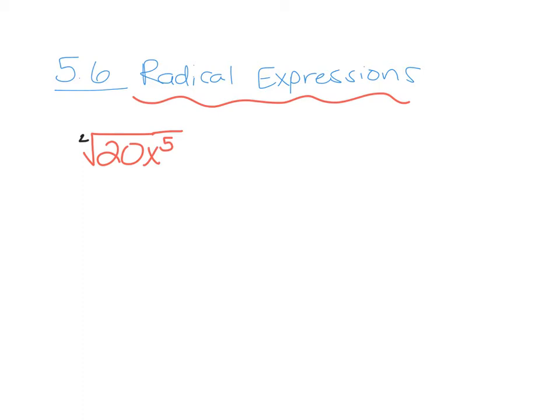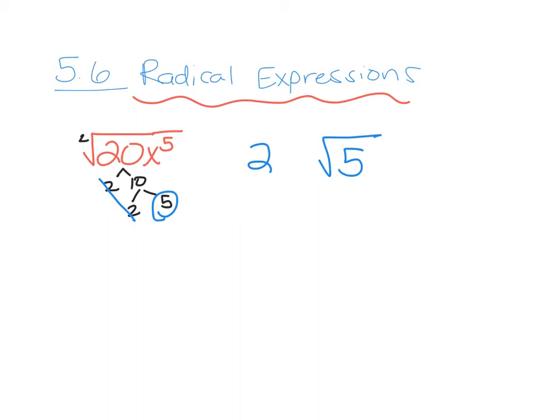So something like 20, you just want to break down. This would be 2 and 10, 2 and 5. And then for each pair of the same number, I can bring one of those numbers to the outside. So there's 2 2's, which means I bring 1 to the outside of the radical. And the 5 does not have a pair, so the 5 would stay underneath the radical.